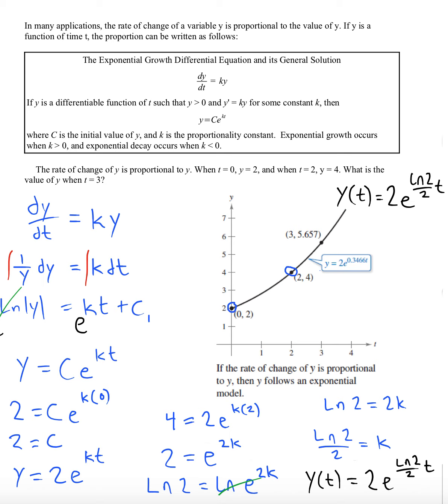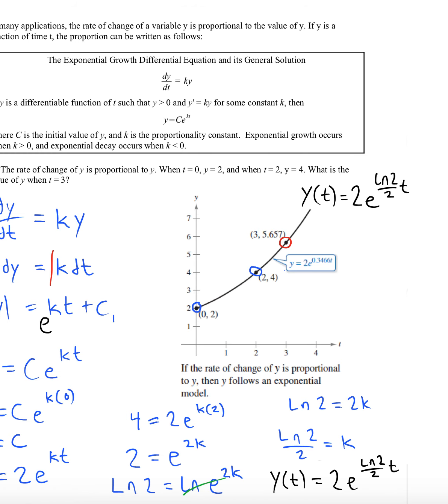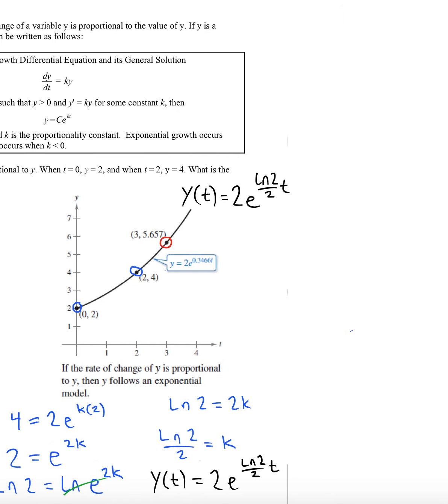Alright, lastly we're asked to find the value of y when t is 3, so we want to make a prediction. And the final answer is actually given here. So let's see how we would find that prediction.